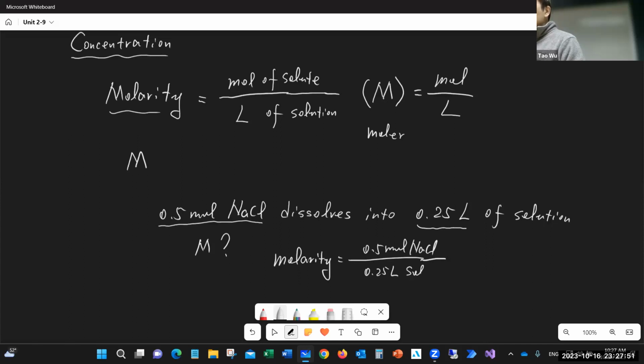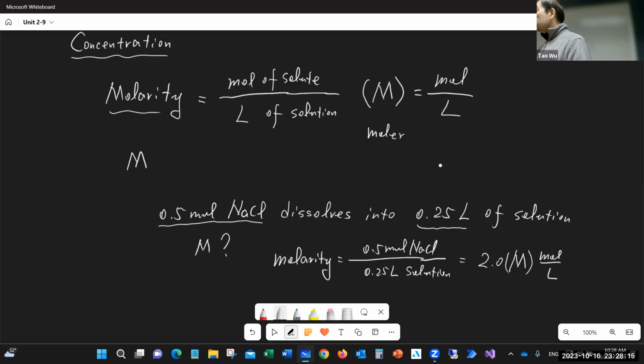Then 0.5 divided by 0.25 gives you 2.0, capital M, or the unit mole per liter. Those are the same unit, okay? Capital M equals mole per liter.